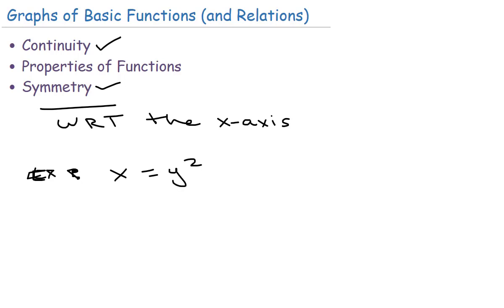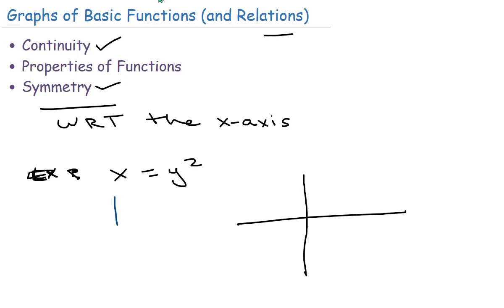This is an equation and it's not a function. Instead of being a function, it's just a relation between x and y. It does fail the vertical line test, which would show us if a graph represents a function.